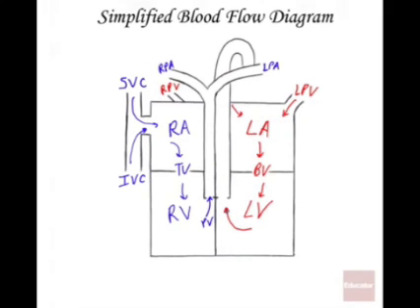Once the left ventricle contracts, this is the aortic valve, and that takes blood into the aorta. And you know what? I should have done that a little further down, but now I just did.